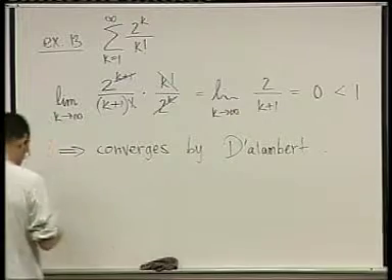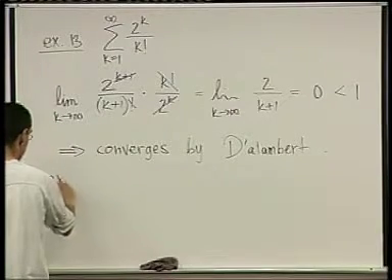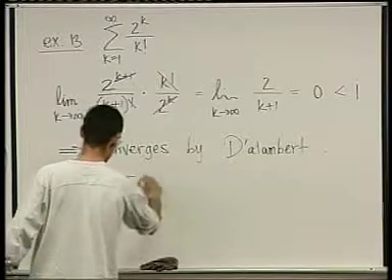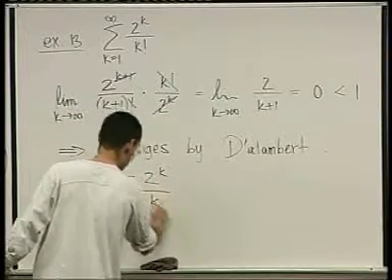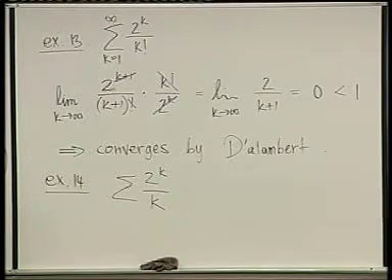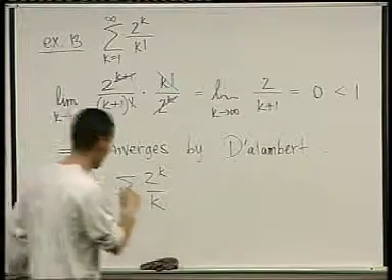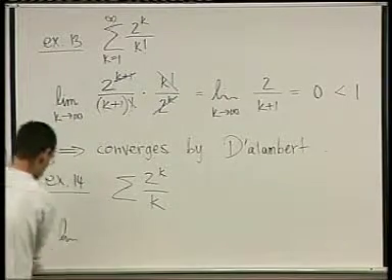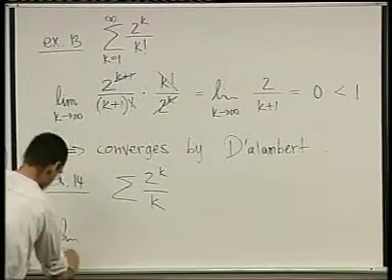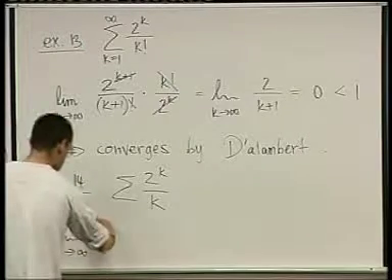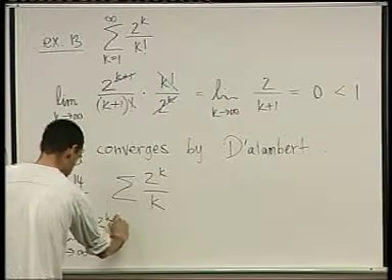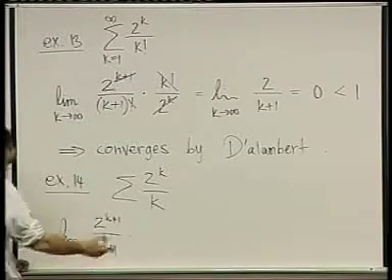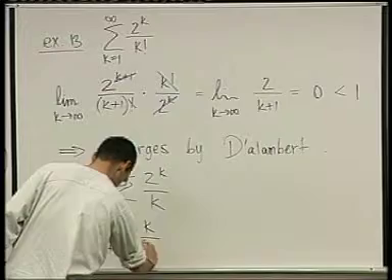Okay, another example. Sigma 2 to the power k over k. So again, I'm going to do the same sort of calculation. Limit k goes to infinity, 2 to the k plus 1 over k plus 1, multiplying by the reciprocal, k over 2 to the k.